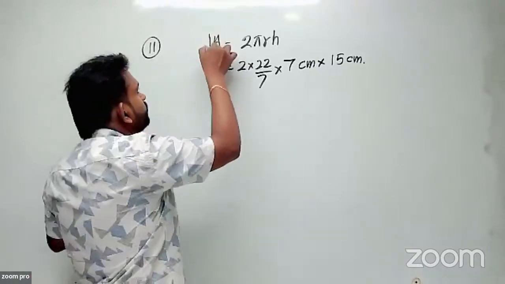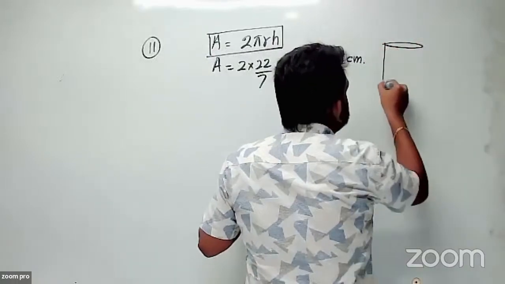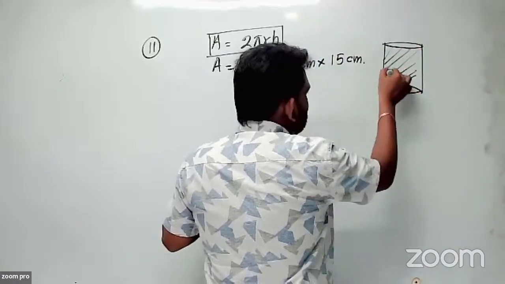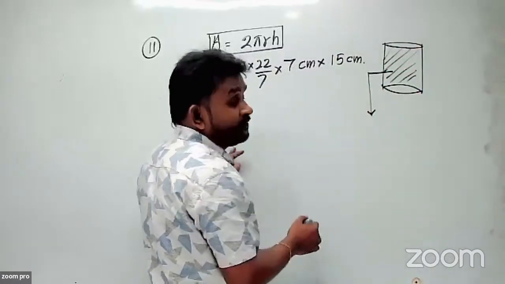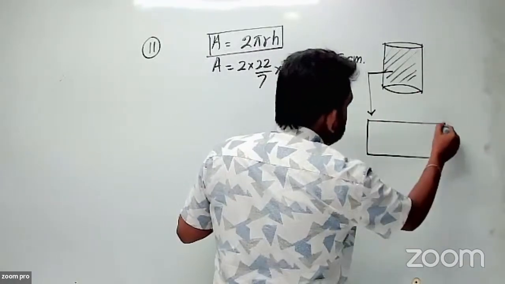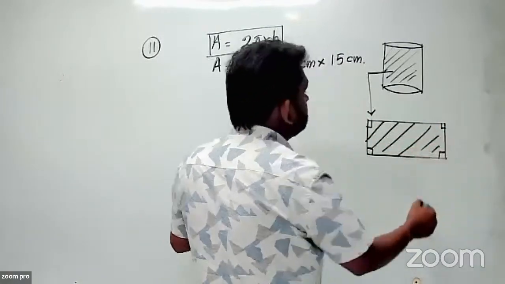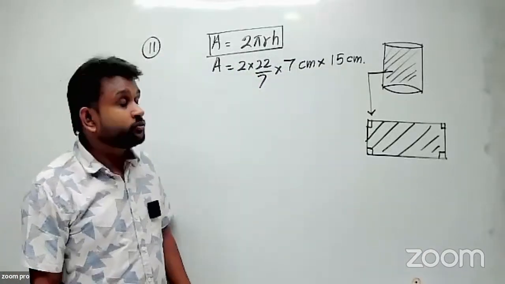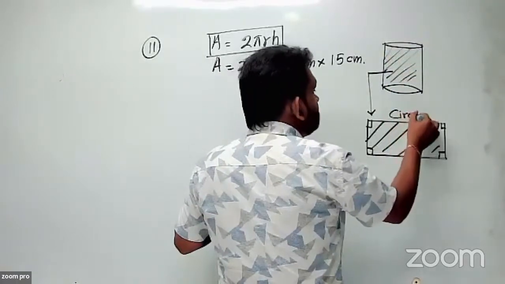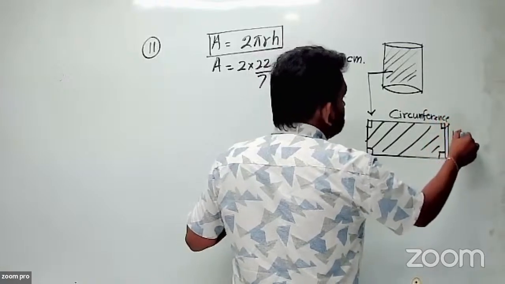This is the general formula for curved surface area. See that this is the cylinder, and this is called the curved surface. When I unfold it, I can see that it is a rectangular shape, that is the curved surface area. This length is the circumference of the base, and this is the height.